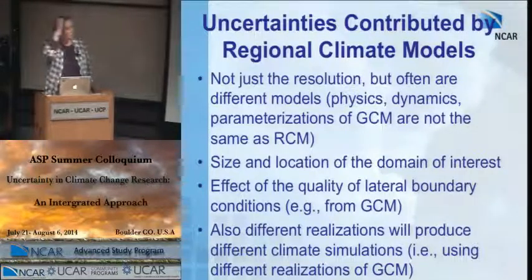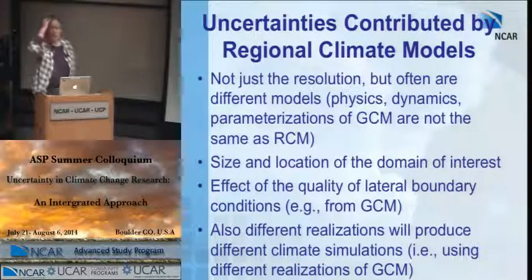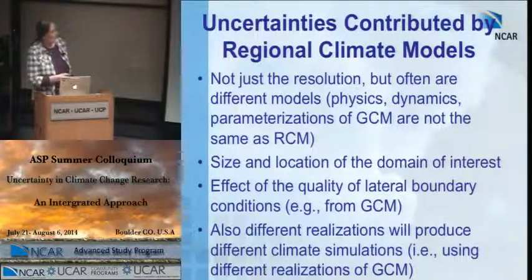Now, uncertainties. Will they ever end? And the certain answer is no. Regional modeling adds its own. It's not just that the resolution is higher than the global model, but very often the regional model has different physics, dynamics, and parameterizations than the GCM.